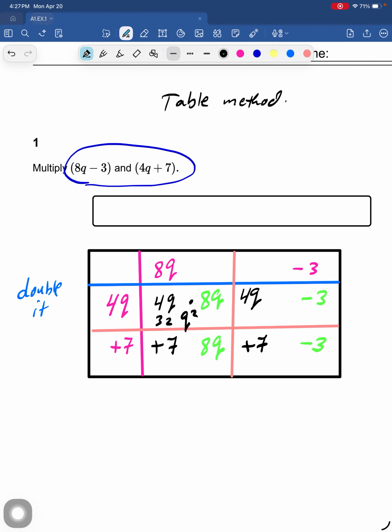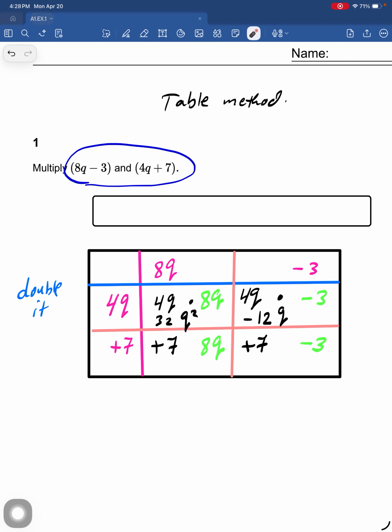And then we have the 4q and we need to multiply it by -3, so we multiply it as follows. So 4 multiplied by -3, which is -12, we are left with q like this, and then we have the 7.